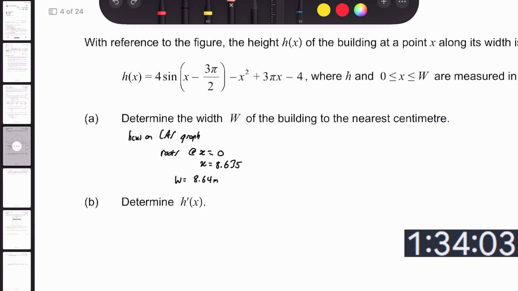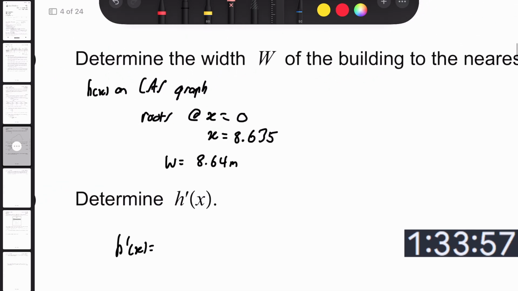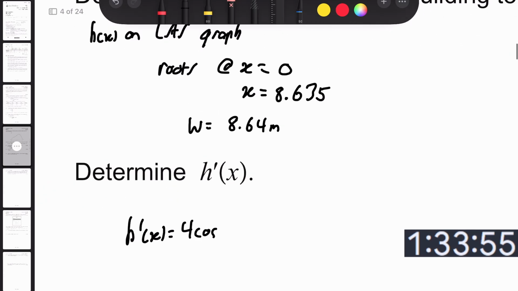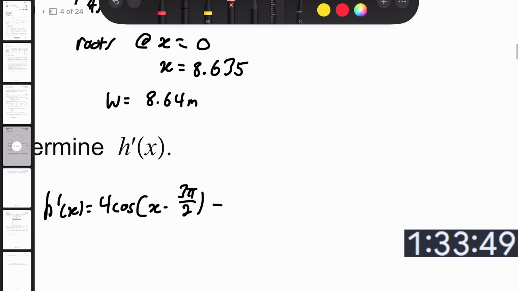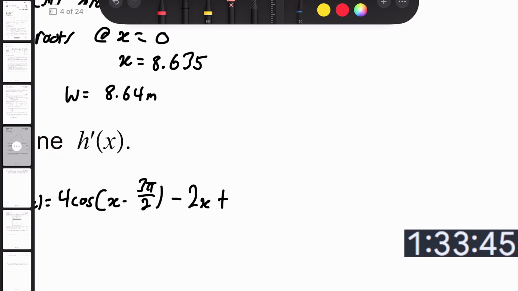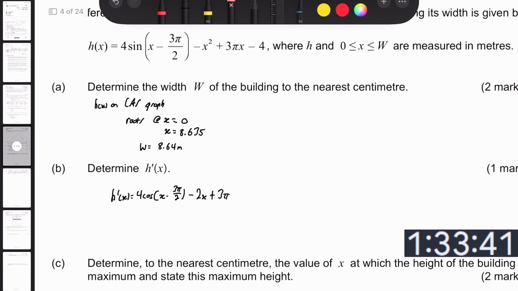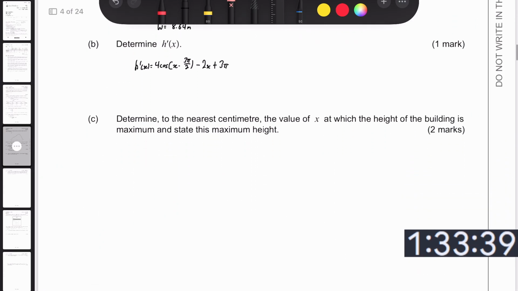Anyway, so determine h dash of x. That is going to be 4 cosine of x minus 3 pi on 2, minus 2x plus 3 pi. Determine to the nearest centimeter the value of x at which the height of the building is maximum. Let's take this maximum height.